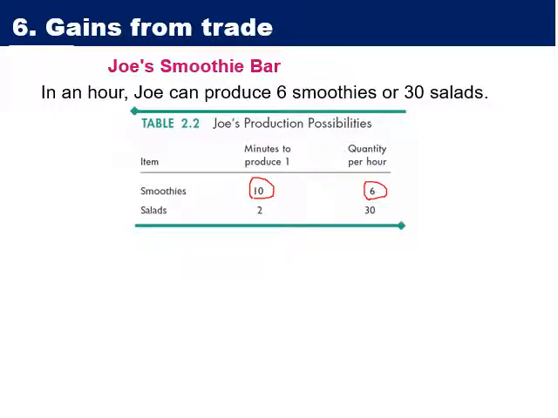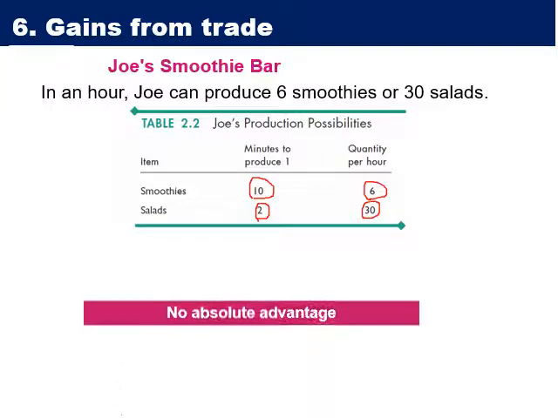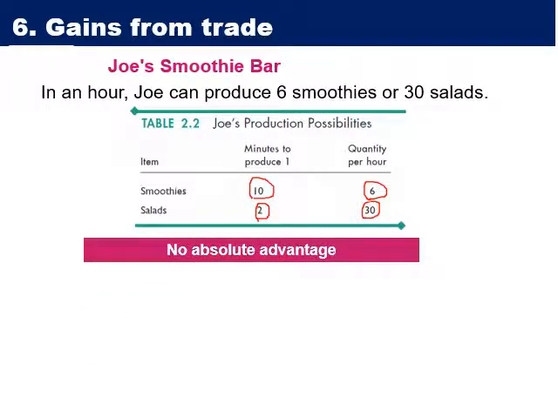On the other hand, he can produce one salad in 2 minutes, which means that in 1 hour he can produce 30 salads. Since he is less productive in both, he has no absolute advantage.